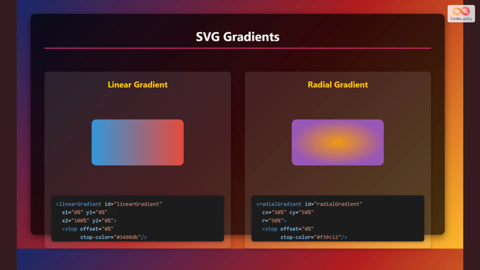Within the linearGradient element, you add stop elements to define the colors and their positions. A radial gradient transitions colors from a central point outward. You define the gradient using the radialGradient element, specifying the center and radius with the cx, cy, and r attributes. As with linear gradients, you use stop elements to define the colors and their positions.